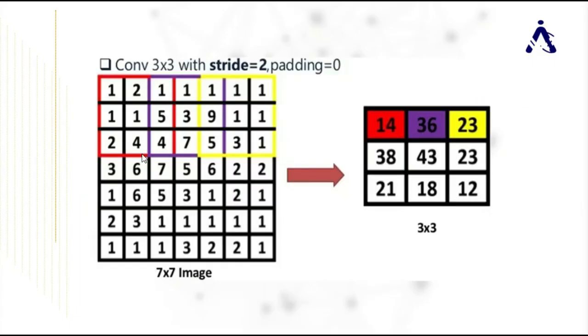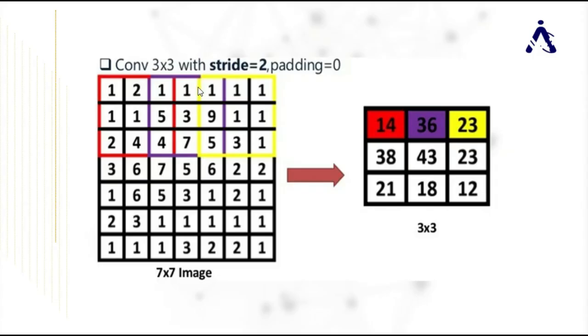After applying a 3 by 3 filter with a stride, we see how the operation is convolved. Firstly, the 3 by 3 filter over this particular region starts from 1, 2, 1 down to 5, 4, 1, 4, 1, 2. Then it will move by 2 strides. That is, it will leave this particular region 1 and leave region 2.